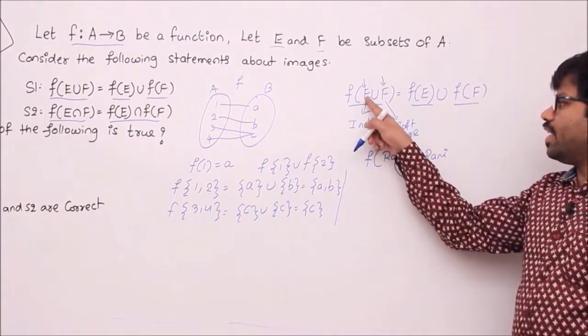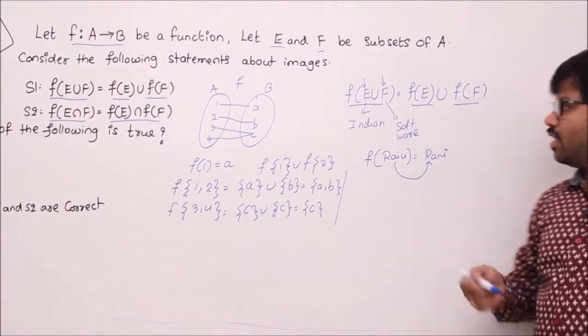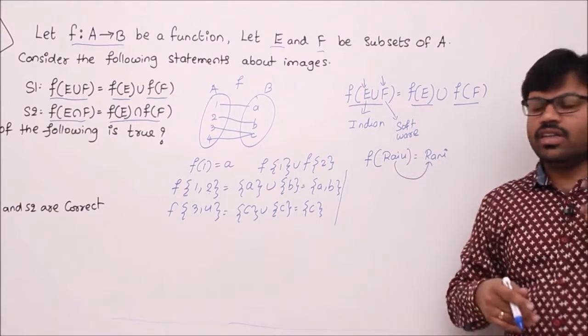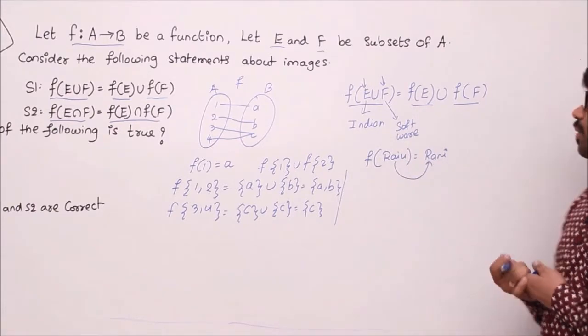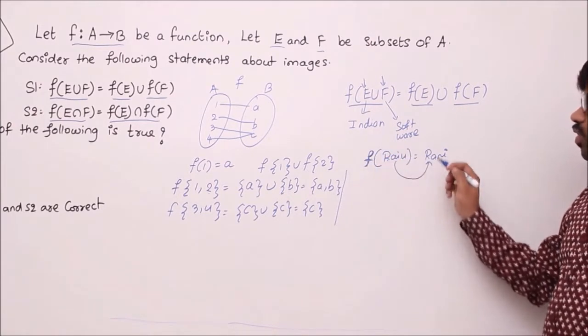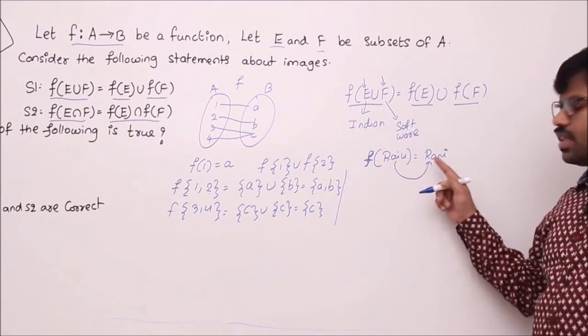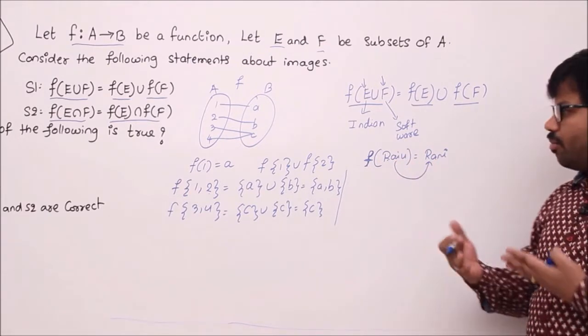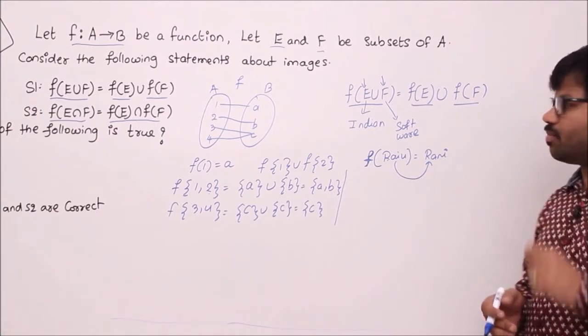Now set E is nothing but Indians, set F is nothing but software engineers. So E union F is nothing but the set of Indians or software engineers. Whenever I write the function f of Raju equal to Rani, then Raju's wife is Rani. That means the image of Raju is Rani. In my interpretation it is wife, so here the function is a wife function.